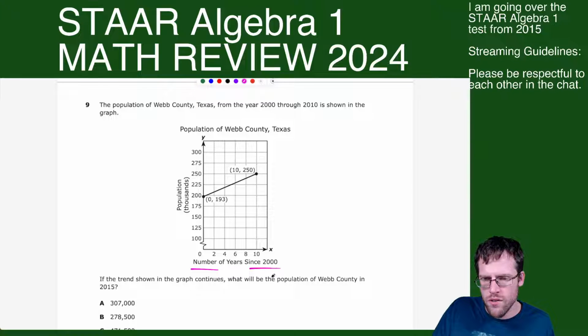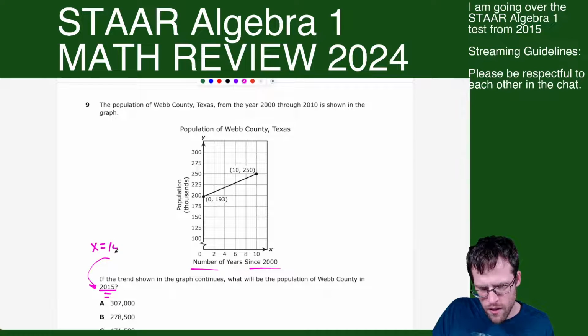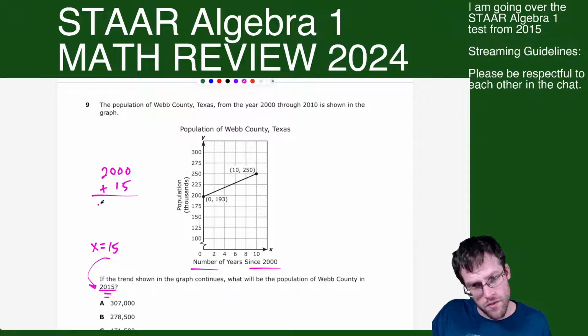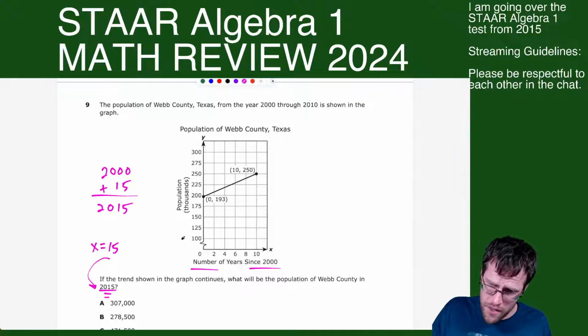If the trend shown in the graph continues, what will be the population of Webb County in 2015? So number of years since 2000, 2015 would correspond to x equals 15, because 15 years since the year 2000 is 2015. Okay, so they gave us a little riddle to solve here.